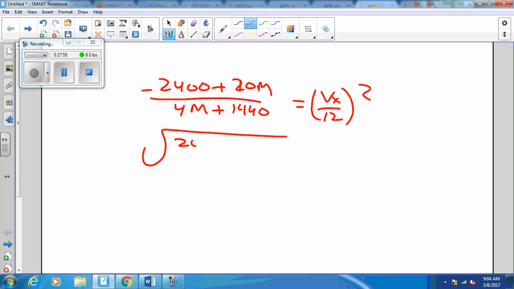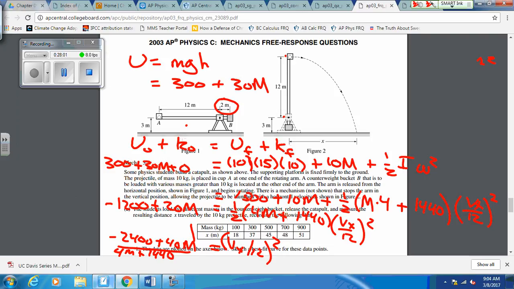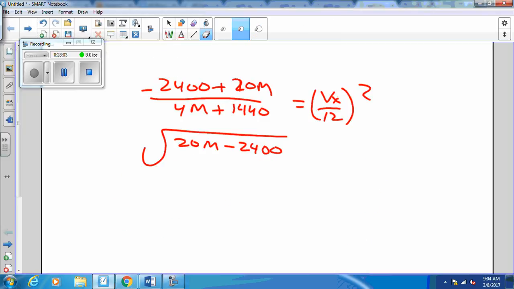Take a square root. Make sure I got the right numbers here. 40, got it.